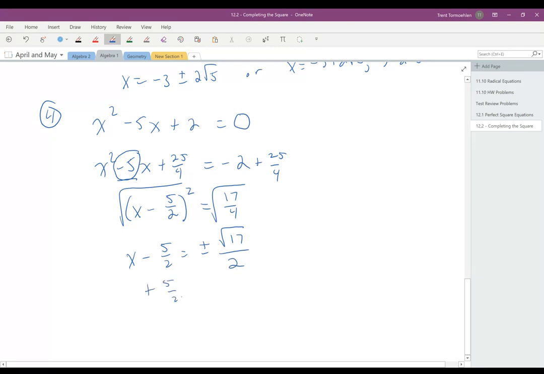So when we add 5 halves to both sides, we get x equals 5 plus or minus square root of 17 over 2, since they both have a denominator 2. So 2 answers, 5 plus square root of 17 over 2, 5 minus square root of 17 over 2.